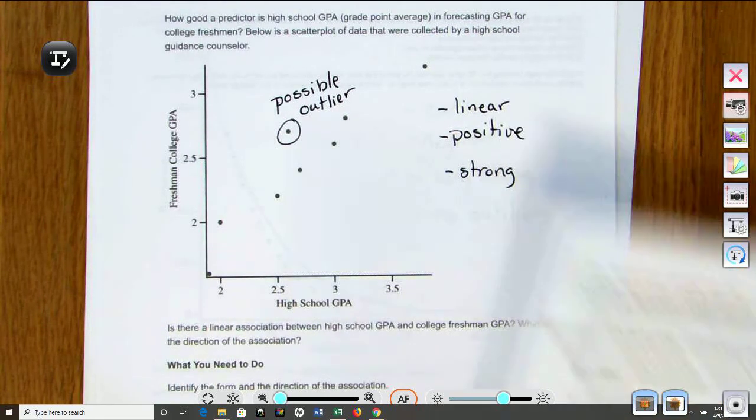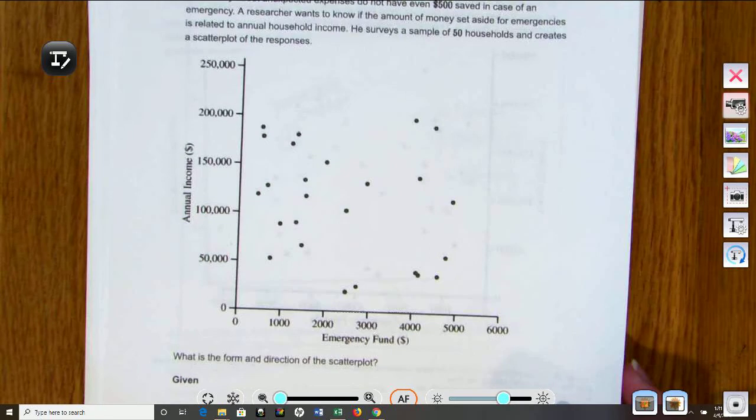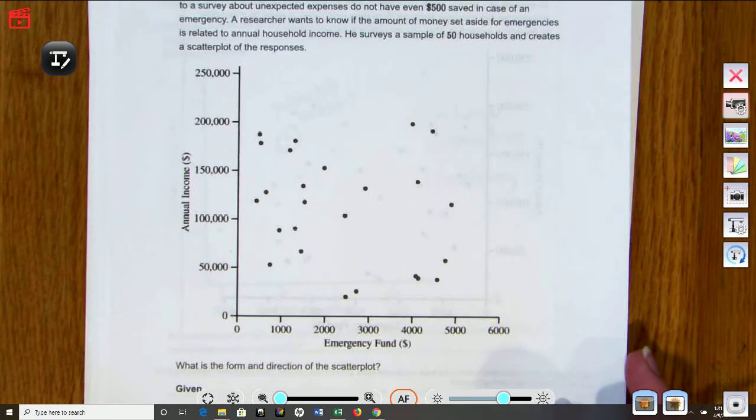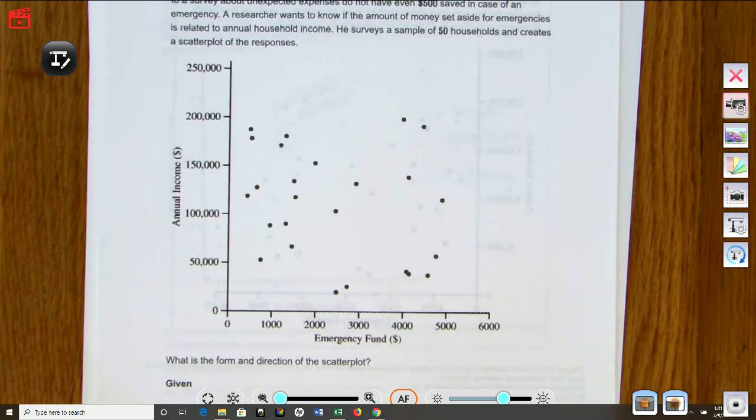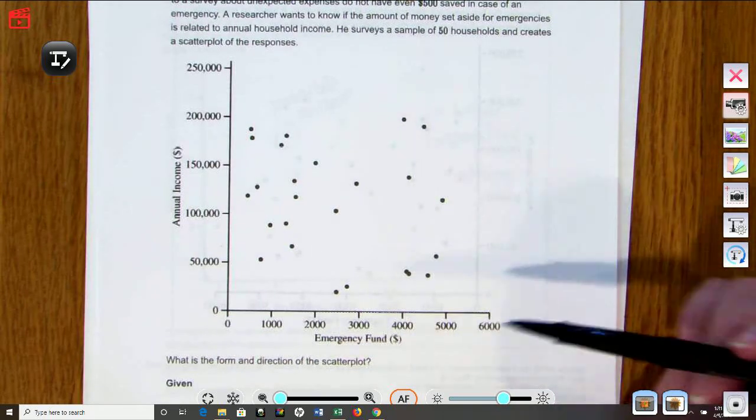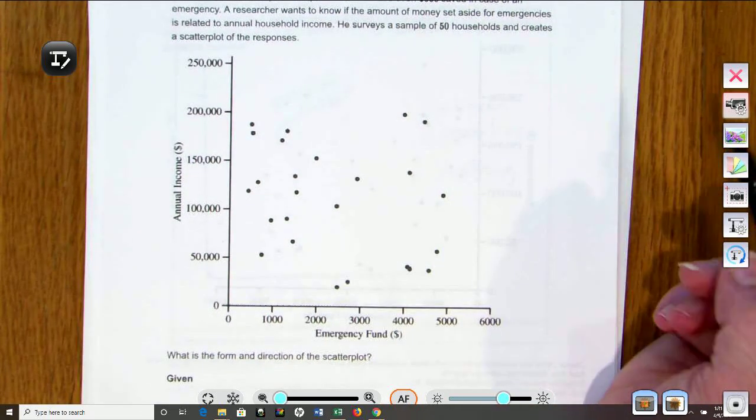All right, last picture that I want to look at. Okay, so I'm going to give you a few minutes to think about what you think. Okay, so looking for positive or negative.